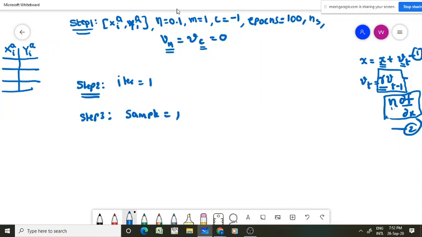Yesterday I told you that you can take different types of batch sizes. So here also in momentum you can take a sample by sample, or different batches, or all samples at a time as a batch. You can apply anything for this momentum also.